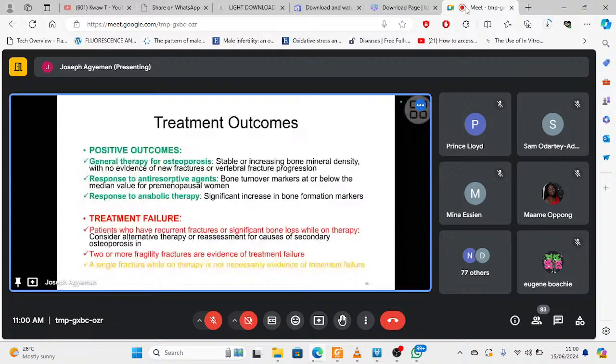So note that, yes, even when you are on treatment, you could suffer maybe 1 episode. That is no problem. But if it becomes 2 or more, then it means that you are having an issue. So recurrent fractures, recurrent meaning 2 or more, is negative. A one-time fracture on treatment doesn't qualify anybody to declare that there is treatment failure.